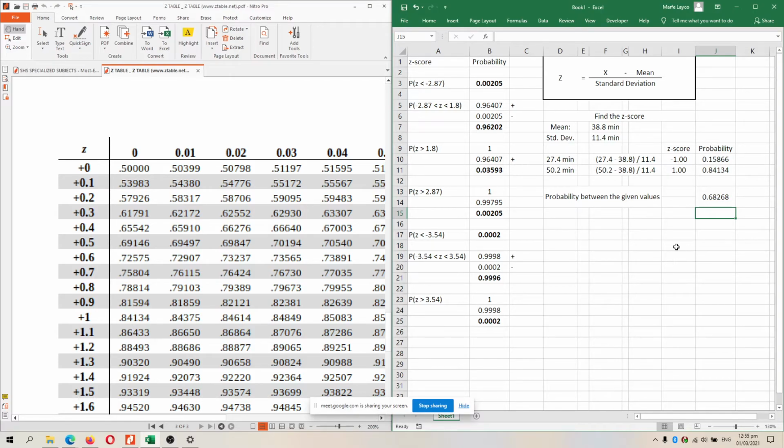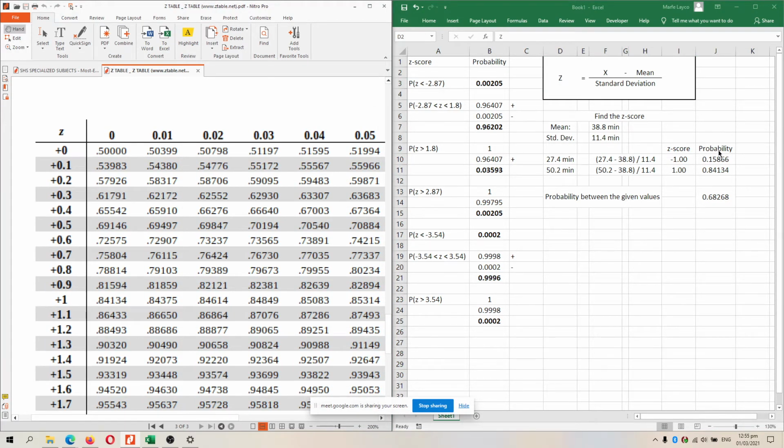Question? May question tayo? Okay. So, ganun lang natin ginagamit yung z-table, and paano natin gagamitin yung data na ibibigay sa atin given yung mean, given yung standard deviation. Kukunin natin yung z-score nila, and then gagamitan natin ng z-table para makita natin yung probability nila.